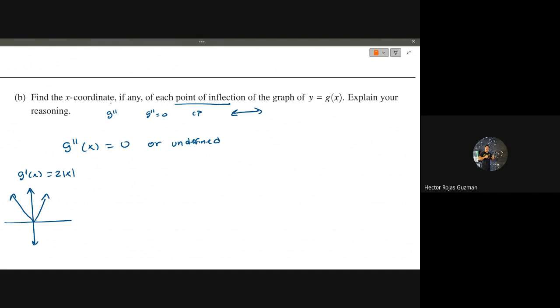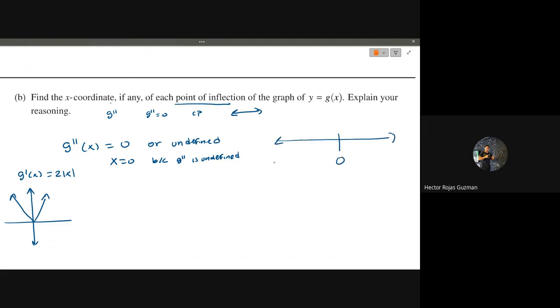When does the derivative equal 0, or when does it not exist? At the corner. You can't derive corners. So the derivative is equal to 0 at x is equal to 0 because g double prime is undefined. You don't have to state that. I'm just telling you for your own learning. Now, is it actually a point of inflection?